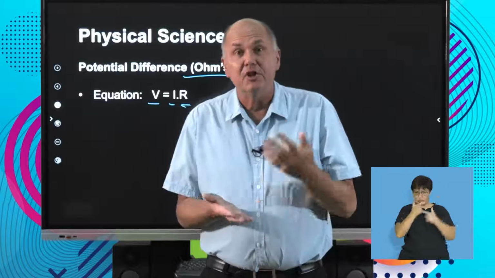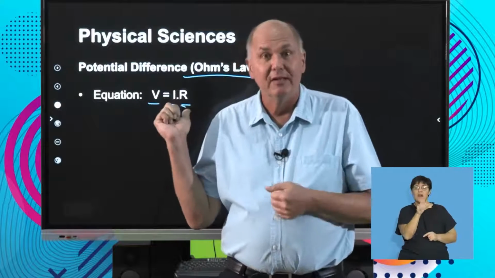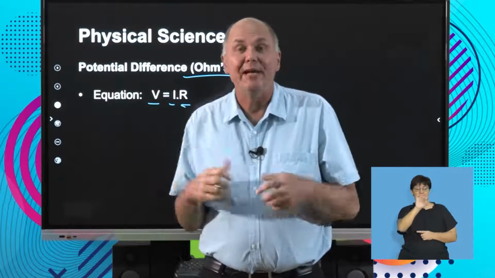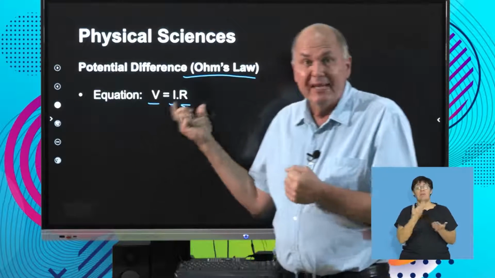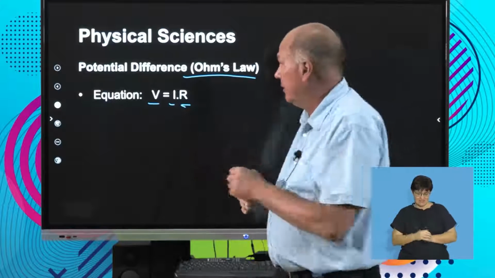It's on the data sheet in a different form, but I remember it because it spells a word in Afrikaans, the word vir. If you've ever done any Afrikaans, it might be a memory trick for you: V is equal to I times R spells the word vir.